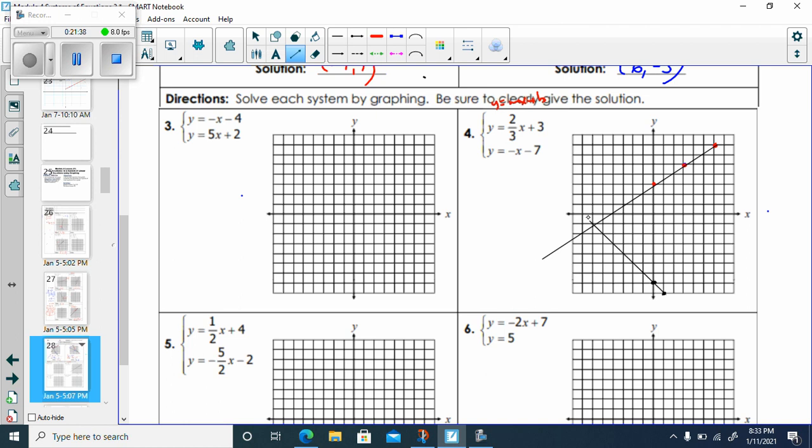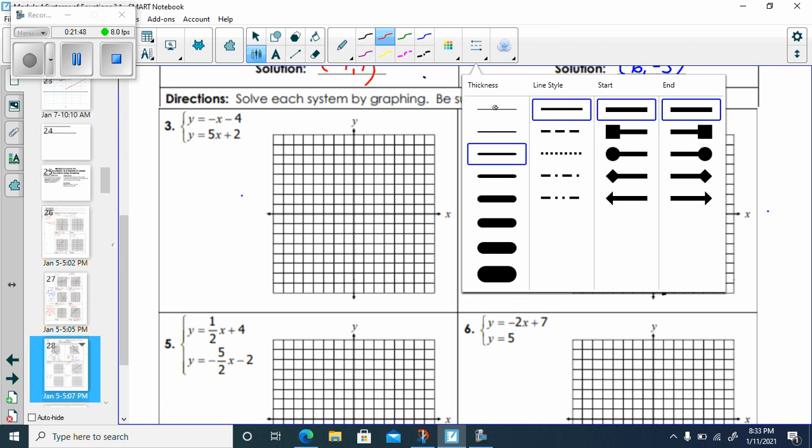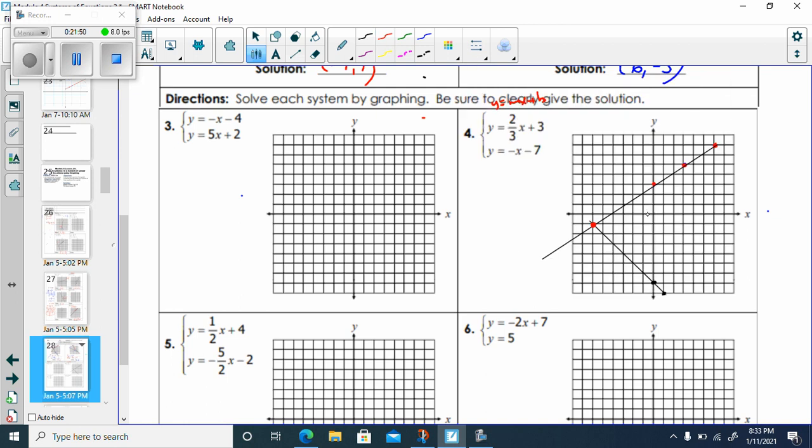The line's going to go right through that point right there. So what's my point? Let's count it. This is at -6, -1.